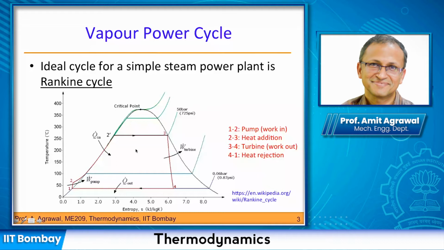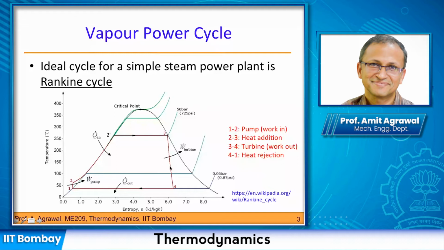Now, from 3 to 4, there is a reversible or an isentropic expansion that is happening. Of course, this is an idealization, and essentially we take it to a turbine, and the high temperature, high pressure steam that you have at state 3 is capable of doing a lot of work for you, and this is exploited to run a turbine.